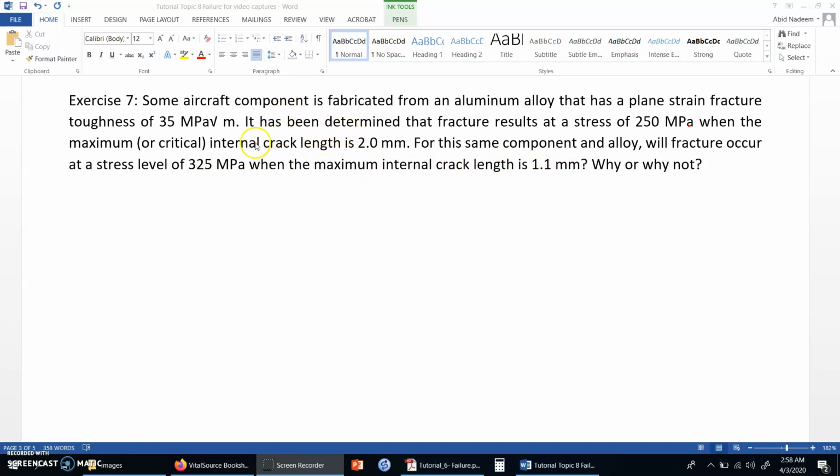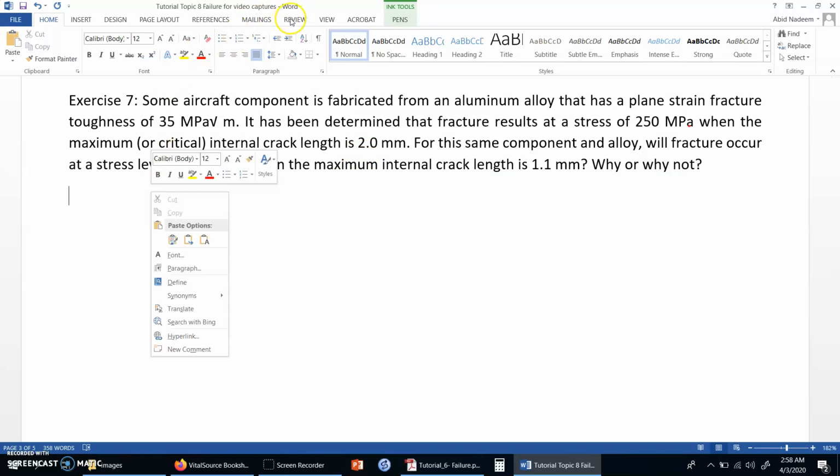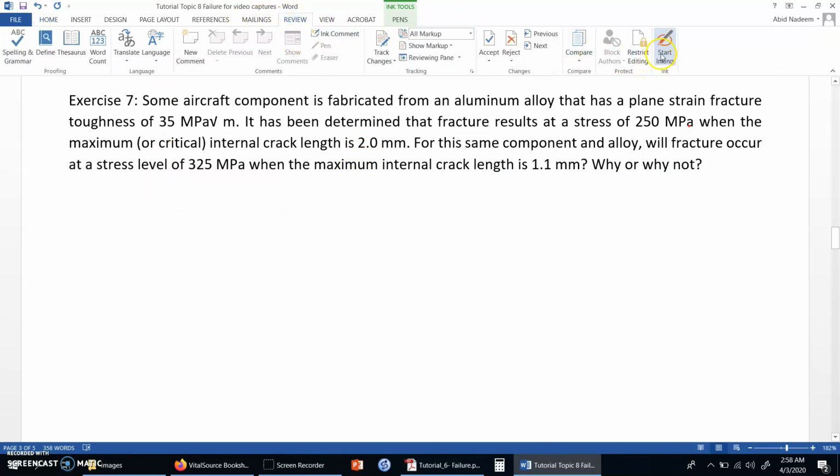Okay, so in this question, two conditions have been given. In the first condition, the stress level is 250 megapascal and the internal crack length is 2 millimeter. Remember that the internal crack length is actually 2a.